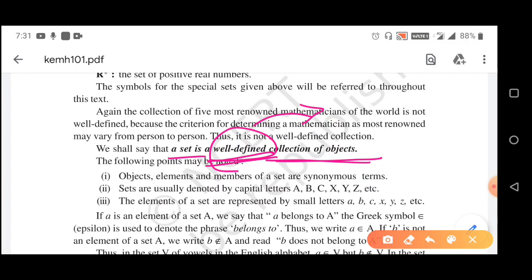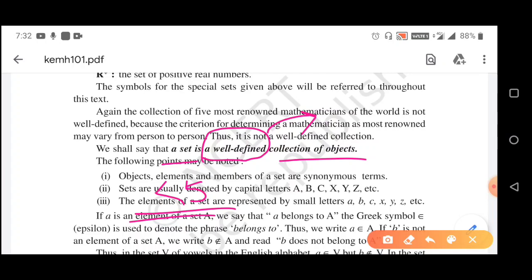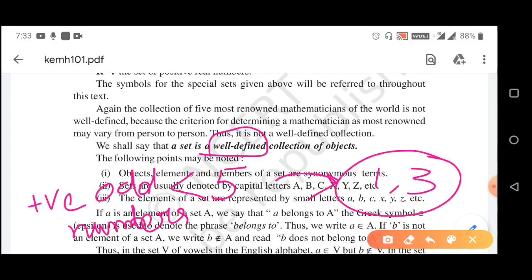Collection should not change person to person means if I say the collection of positive odd natural numbers less than 5, then what are the numbers? The numbers will be 1 and 3. If I ask one student, suppose I am asking student A to tell me the positive odd natural numbers less than 5, then the answer will be 1 and 3.